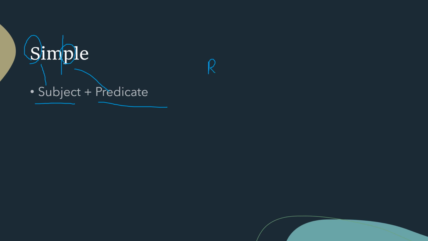Ram is naughty. This sentence has a subject and the subject is Ram, and if I break the sentence before a verb, is naughty becomes the predicate. A simple sentence has a subject and a predicate.